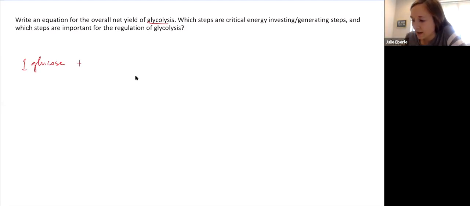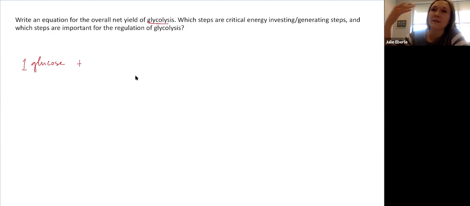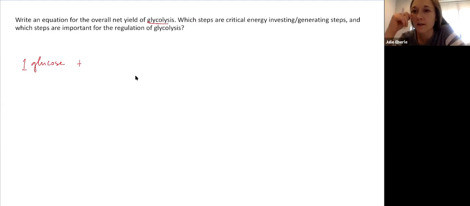We also have to add, what do we add to glucose? Okay, we don't add this directly to glucose, but net wise, what are the 2 other things we put in? Or I should say 2 of something. ATP? Yep, that's right, Maggie. 2 ATP. And then what we get out, there's 3 products. I'll give you that hint.